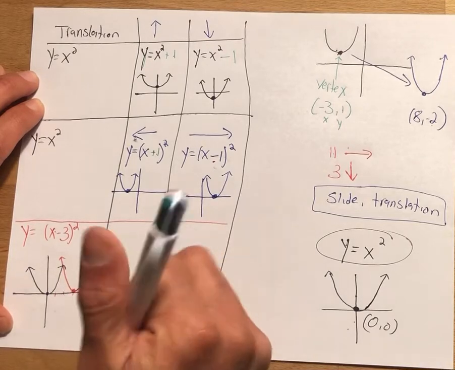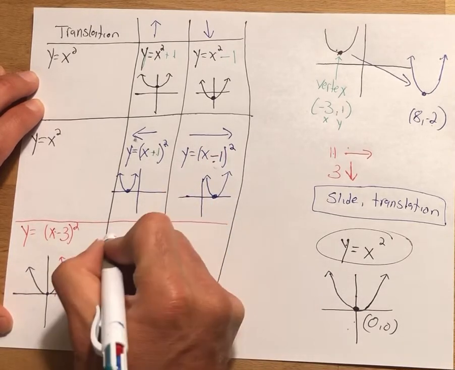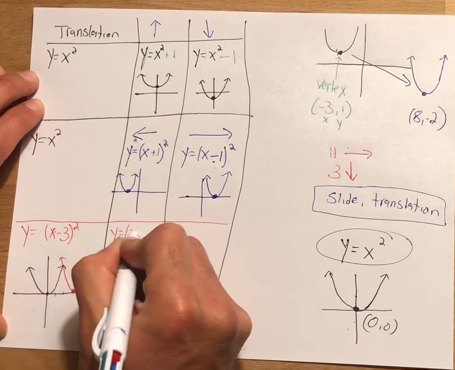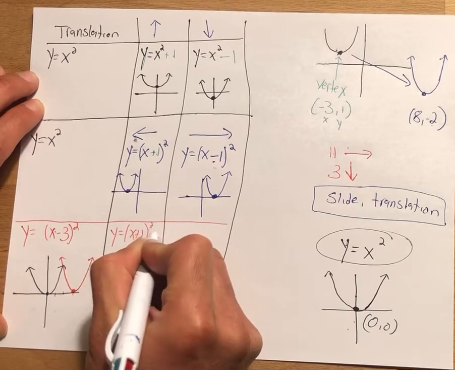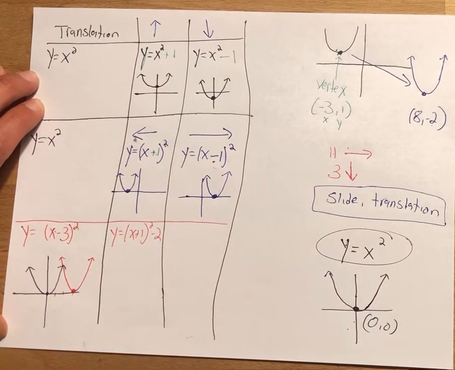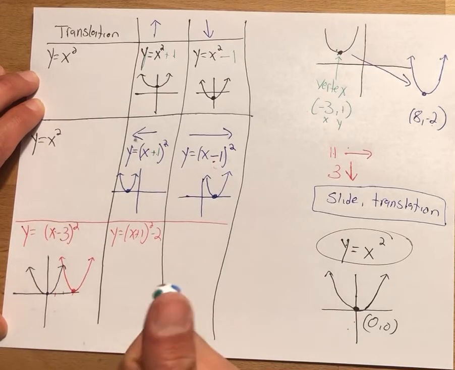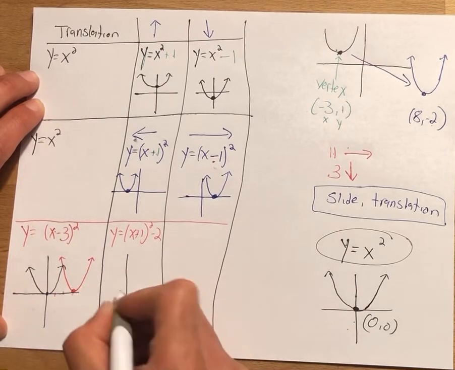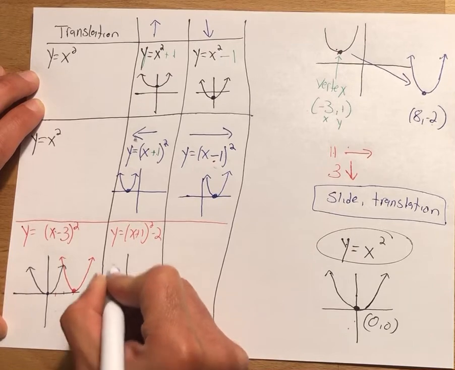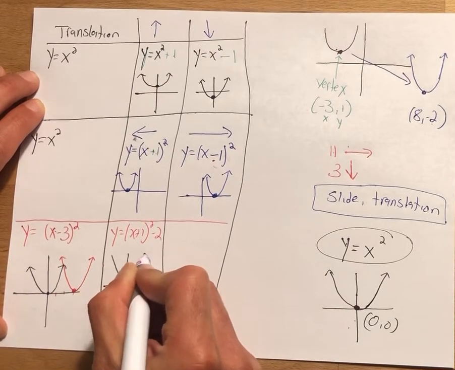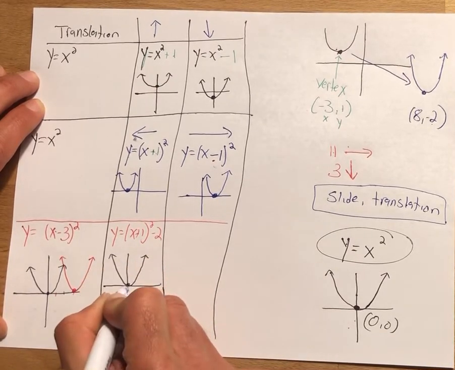Let's say I'm going to combine a couple things. Y equals x plus 1 squared minus 2. What does this parent graph look like? It looks like this. Before you mess with it, your vertex is in the origin right here.